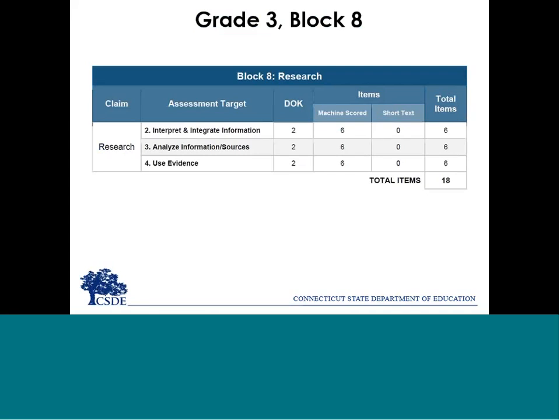These are all machine scored items. Students are expected to read a short stimulus and respond to questions about plagiarizing information or comparing multiple accounts of a historical event. Students might be asked to consider evidence provided in a research paper and evaluate its value.